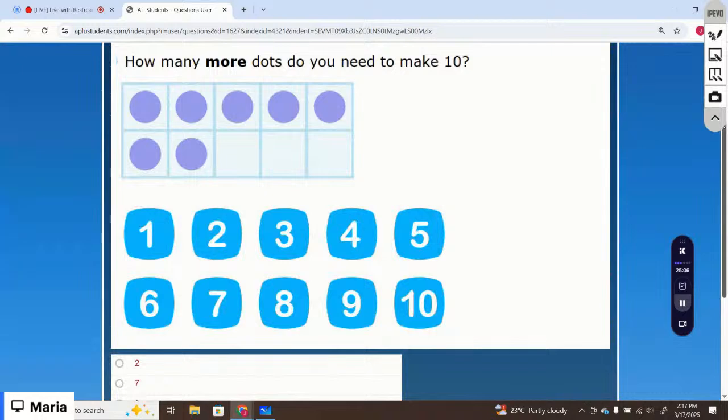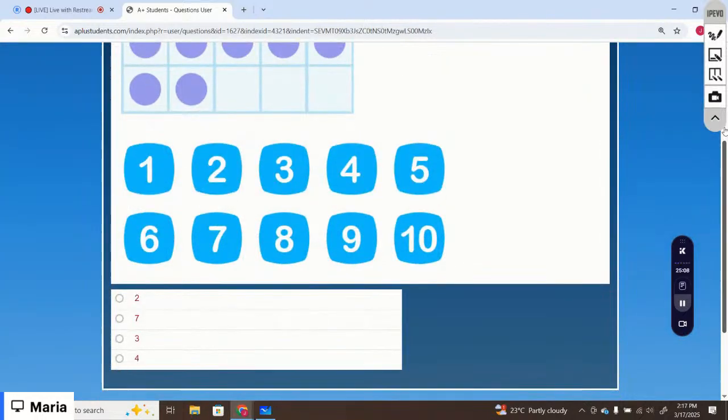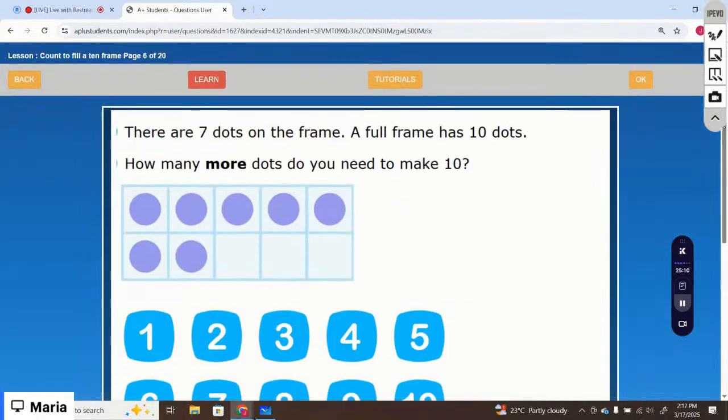You need three more dots to fill the frame. The correct option is three. Okay, you can complete the lesson by yourself later today. Let me just move on to the next lesson.